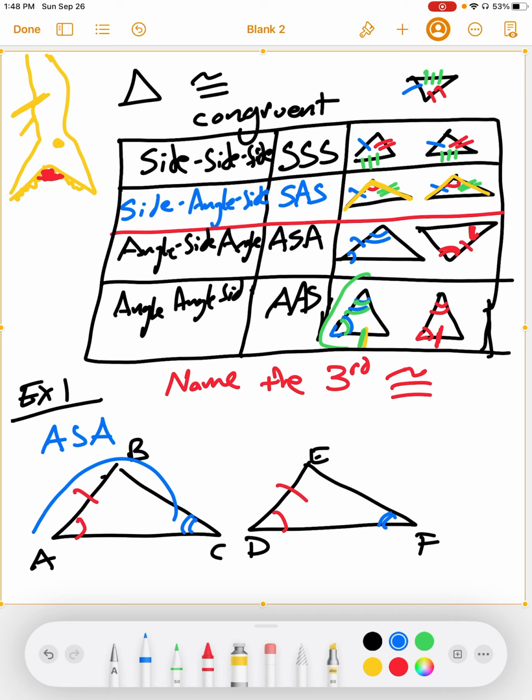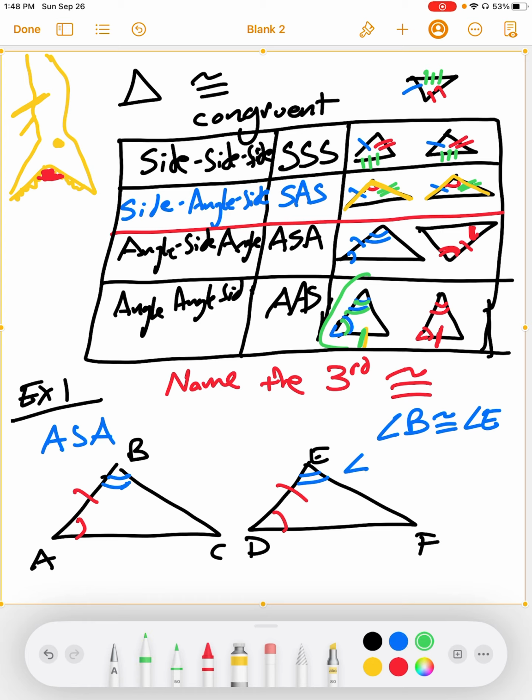The shortest route would be angle, angle, side. Okay, it's got to be the shortest possible route. Okay, and so the shortest possible route to get angle, side, angle, the only acceptable way is looking at angle B and angle E. Again, if we name that, angle B is congruent to angle E, but it's better to use the 3 letters, okay?